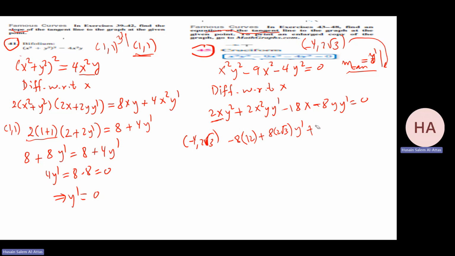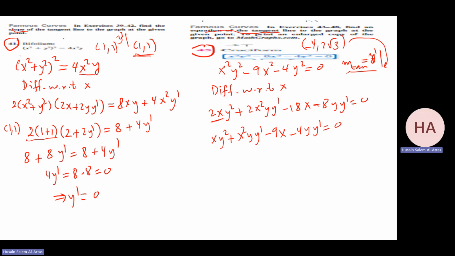Or you know what? I can divide by 2. So that gives me xy squared plus x squared y prime minus 9x minus 4y prime equals 0. That will make the calculation easier.